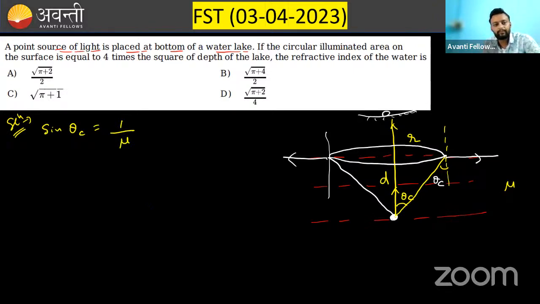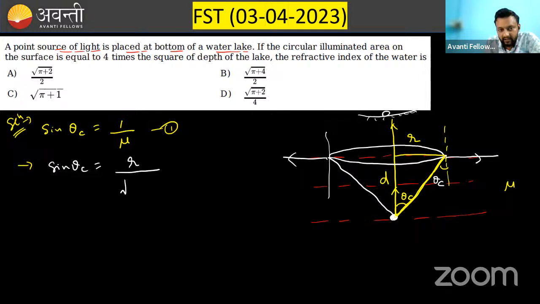Sine theta c is equal to 1 by mu. Let it be equation number 1. But in this triangle, which is a right angle triangle, sine theta c is equal to perpendicular over hypotenuse. Perpendicular is r, and the hypotenuse is under root r square plus d square. Equation number 2.